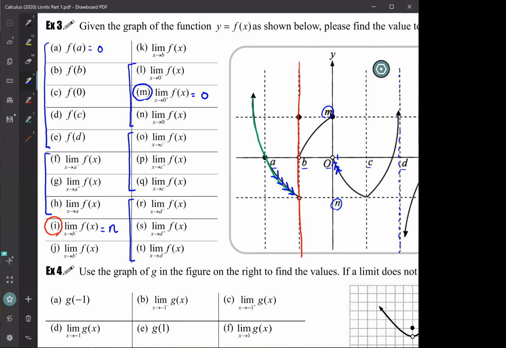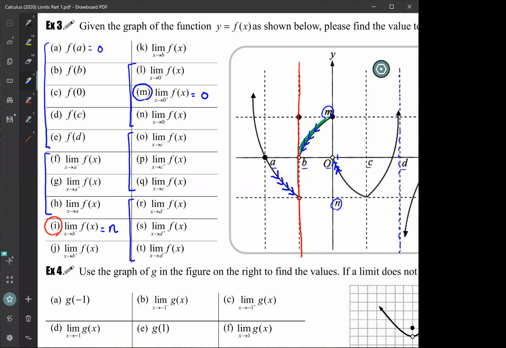And then on the right side, let's erase the green line now. The right side of B will be this graph. Do you see the green one? Now we want to get closer to B from the right side, so I'll draw an arrow like that, getting closer to B. So what happened to the Y?